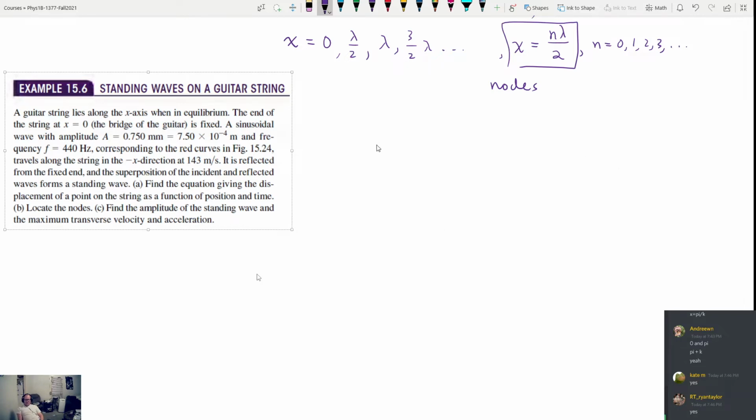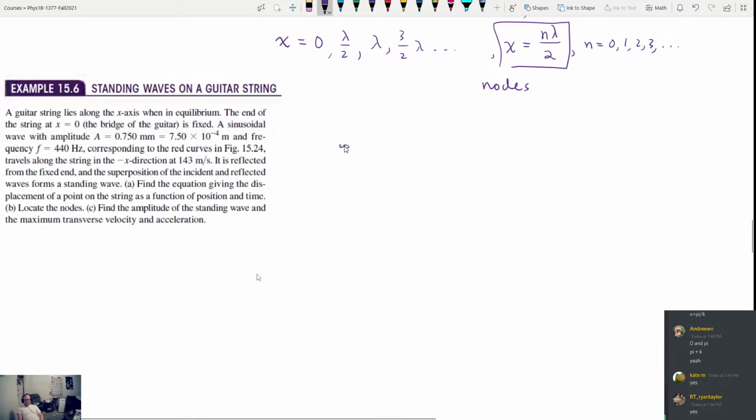So let's draw our guitar. Do I have to actually draw a guitar? I don't want to. I'm not going to. We have a string. And there is a standing wave that's produced on it. I don't know how many waves are actually going to fit in here. The amplitude is A. The frequency is 440 hertz.